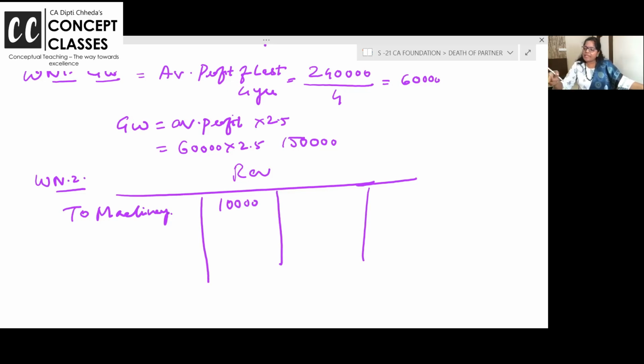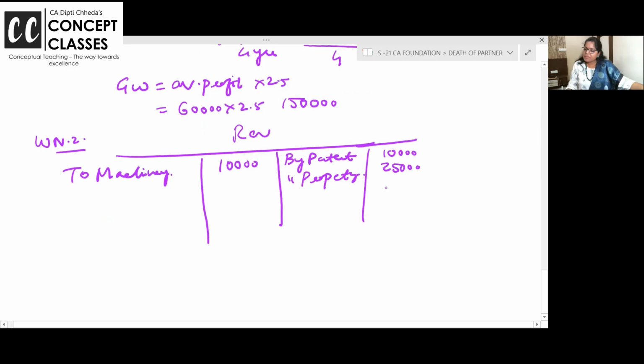Patents are valued at 40, but they are shown at 30. So increase the value of patents by 10,000. Leasehold is valued at 1,25,000. So increase the value of the property also. That's it. So how much is the revaluation profit? 35,000 is coming in total, and the revaluation profit is coming to 25,000.